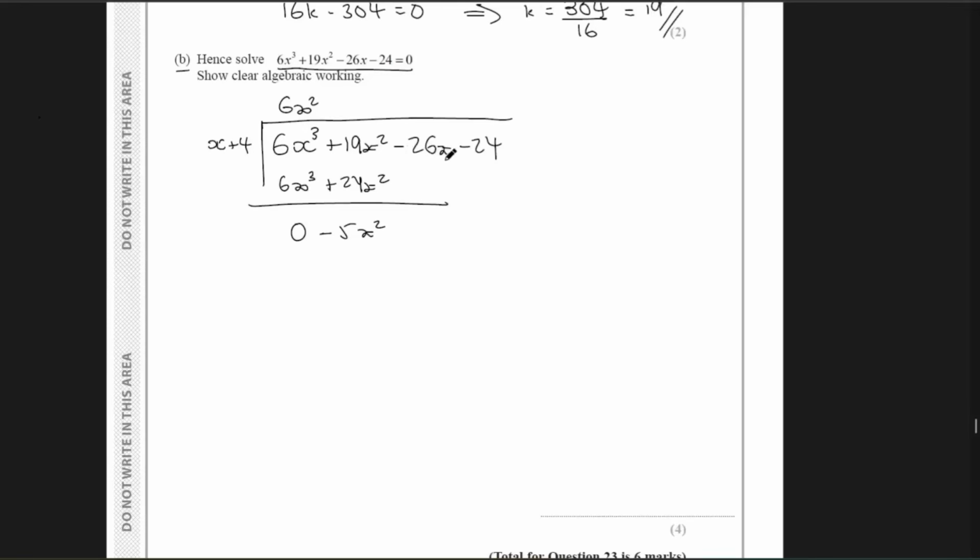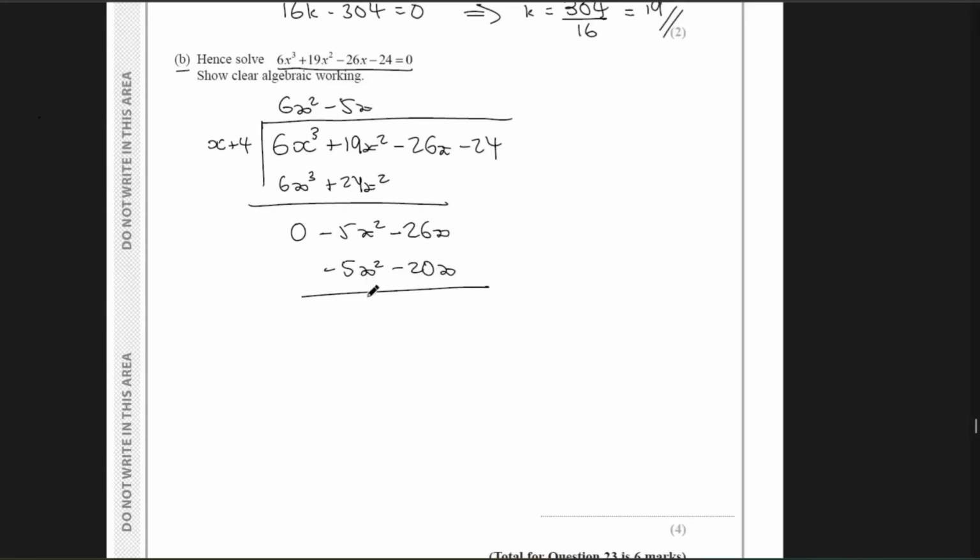We'll bring the next term down, which is minus 26x. So for this, we need to multiply x with minus 5x to get minus 5x squared. Okay, we'll have to multiply 4 with minus 5x as well. That gives us minus 20x.